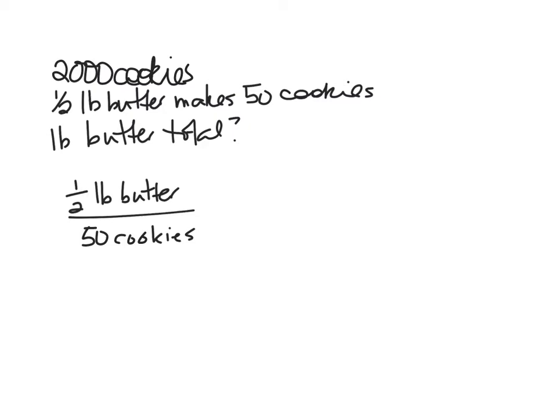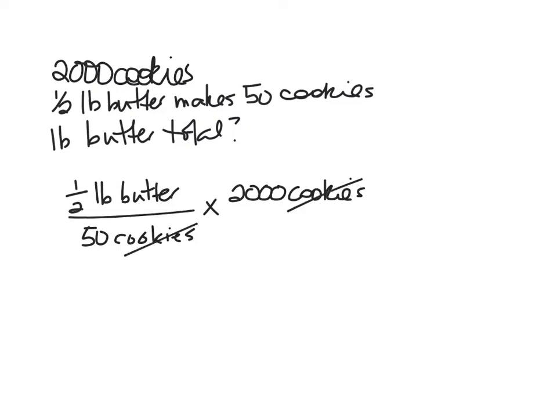So I'm going to multiply this by the number of cookies, because whatever's on the bottom here needs to get canceled so that my unit is just pounds of butter. So if this is cookies, I have another number that has cookies in it as a unit. You always have to write in your units.